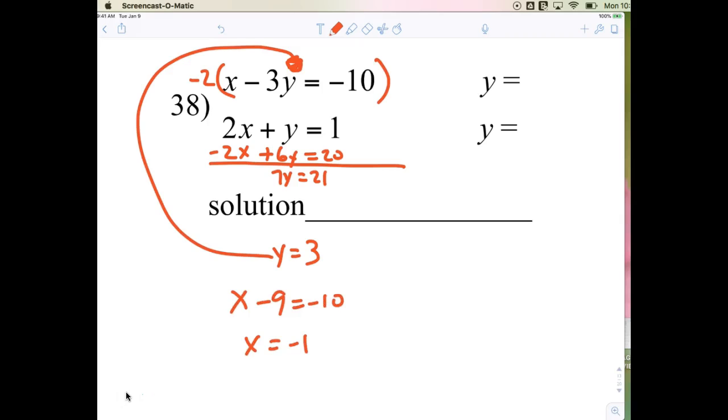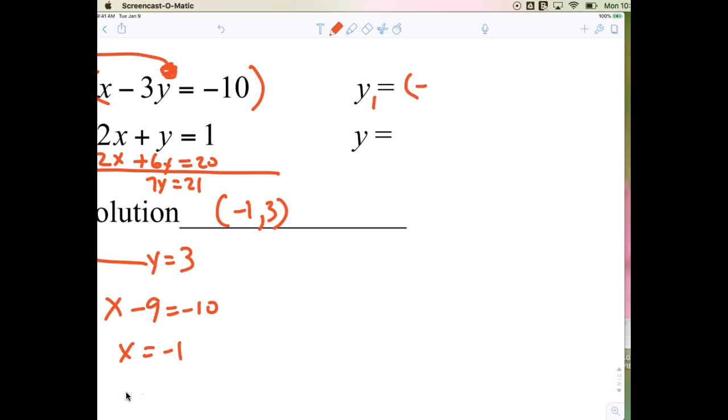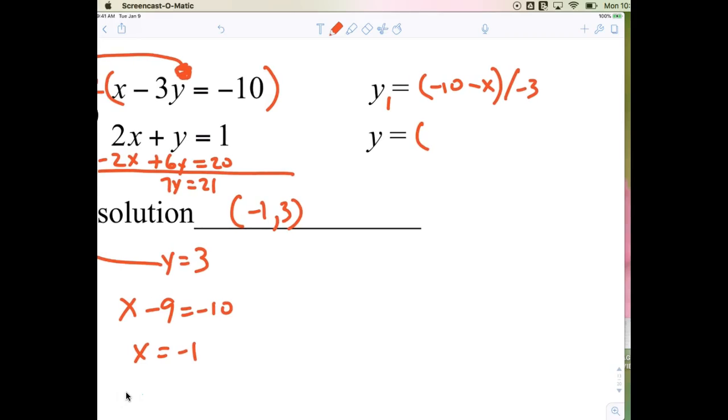X equals -1. And so now my solution is what? -1 comma 3. That's what I'm telling you, right? And then you're right up here. y1 is -10 minus x divided by -3, right? And this one I don't even need a parentheses, just 1 minus 2x.